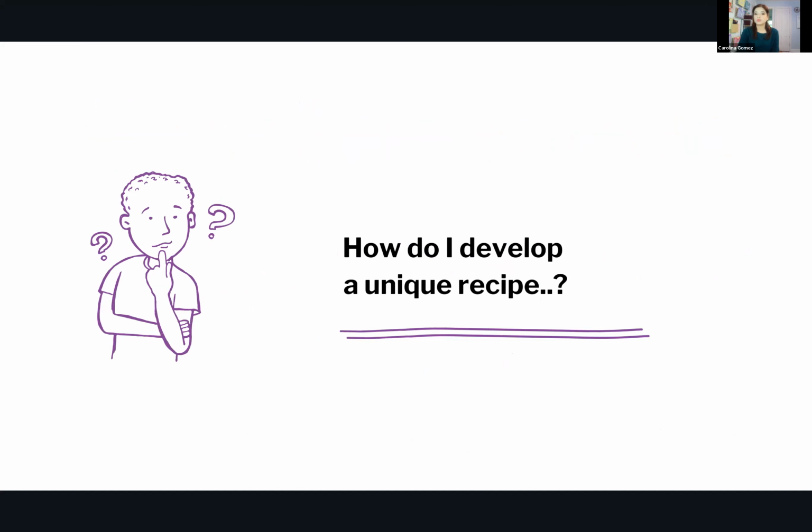And then today we're going to talk about how to develop a unique recipe. We already spoke about that in the first session of this webinar series, where I introduced this same question: how do you develop a unique recipe?